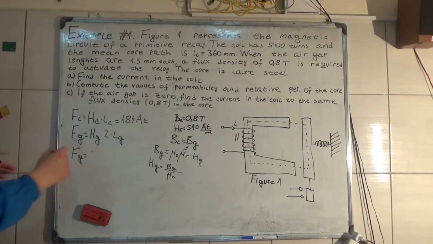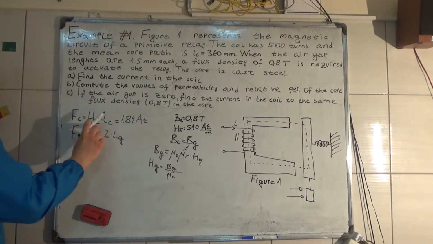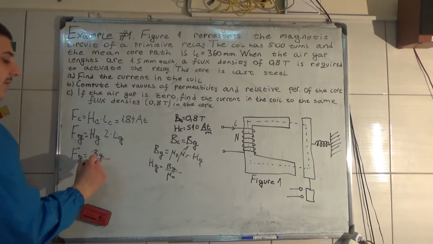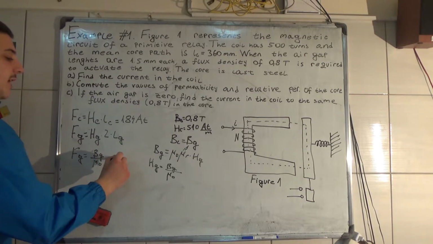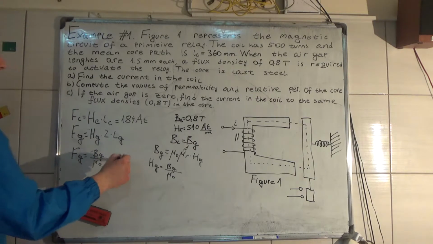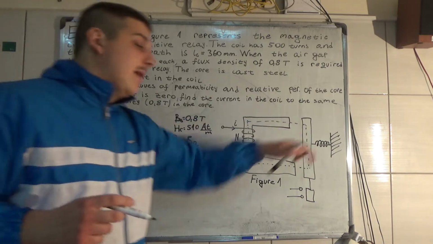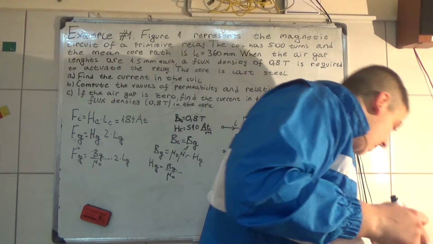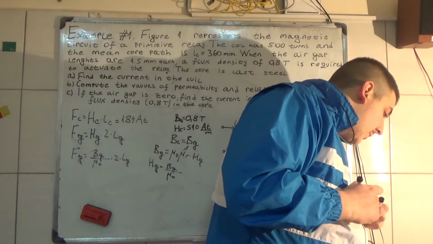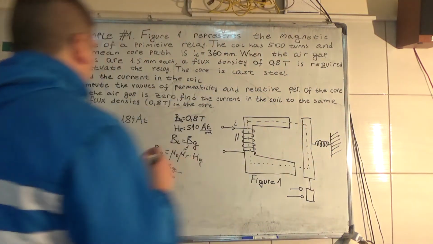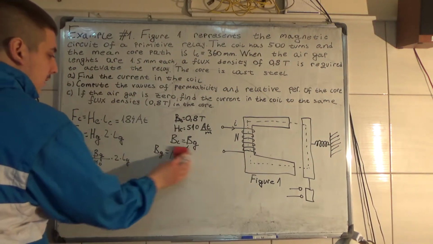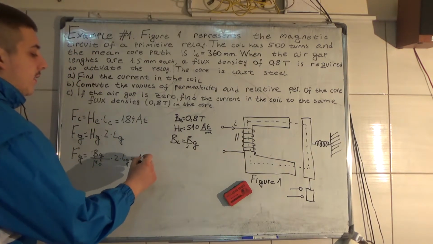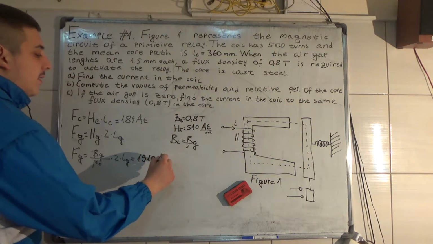So the magnetomotive force is equal to, instead of Hg, we write Bg divided by mu 0 times 2 times the length of one air gap, and we get 1910 ampere turns.